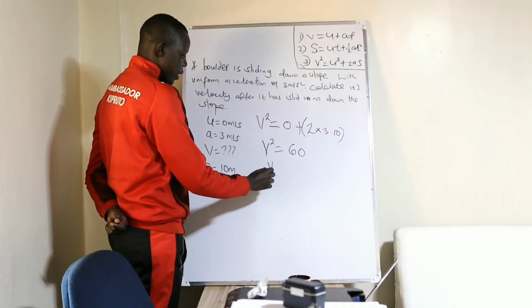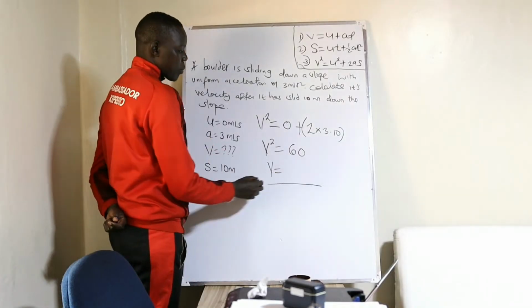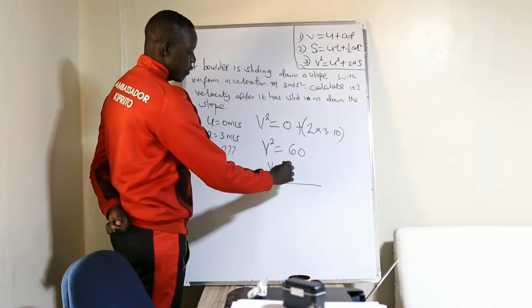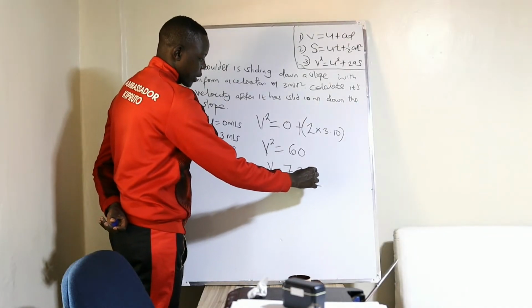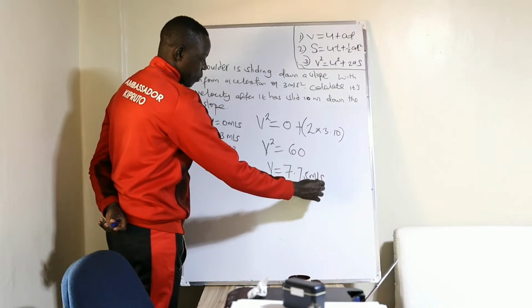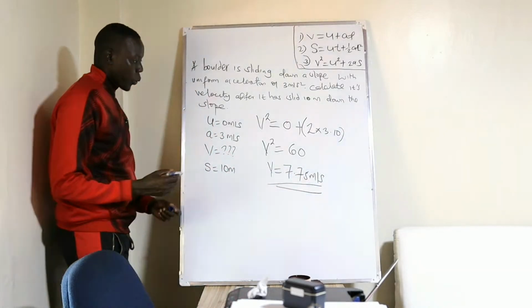Then V, use your calculator, you will get 7.75 meters per second. So that's how you can get that particular question.